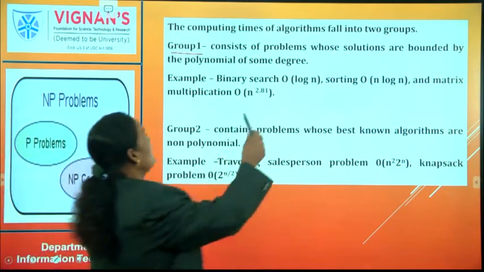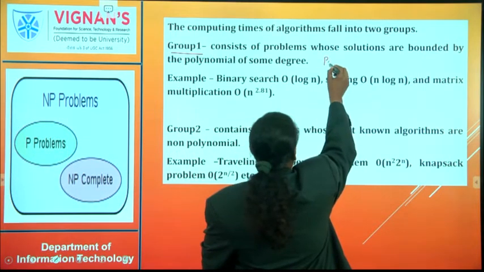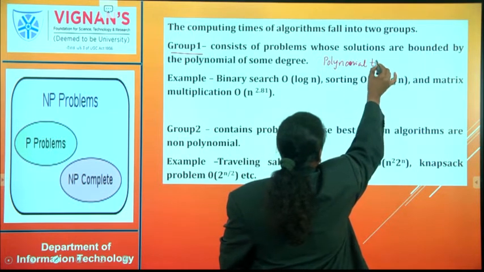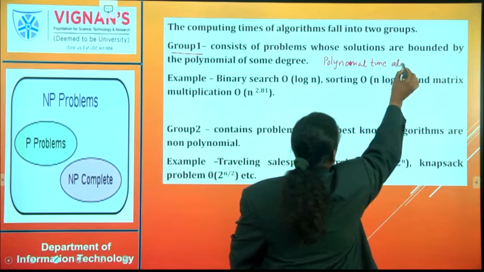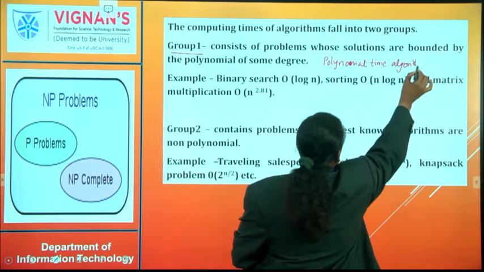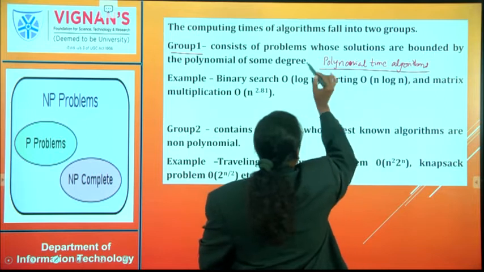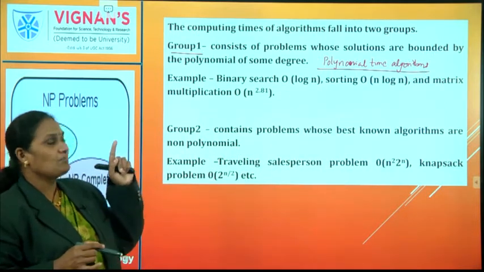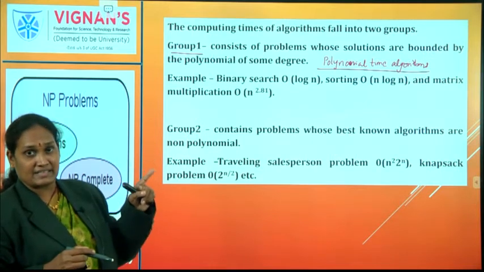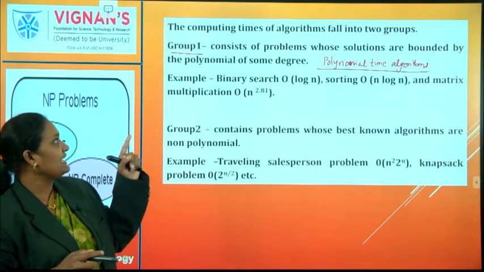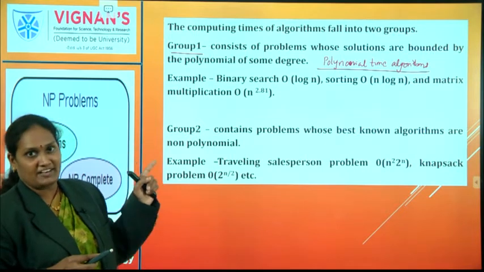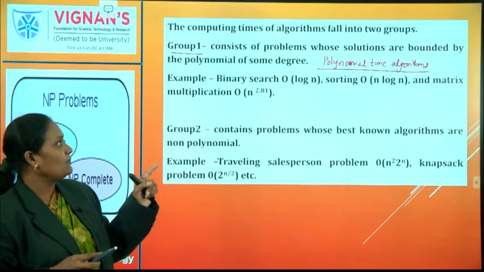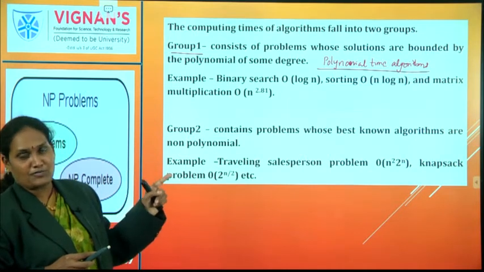These are called polynomial time algorithms. That is, their time complexity can be represented as a polynomial of some degree.